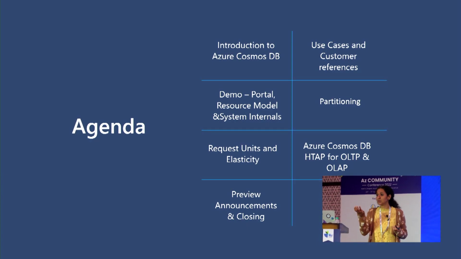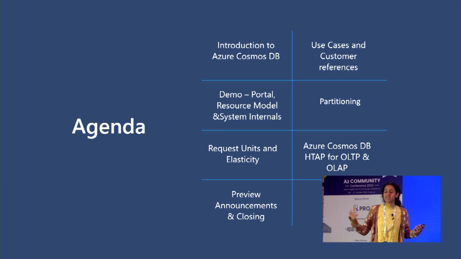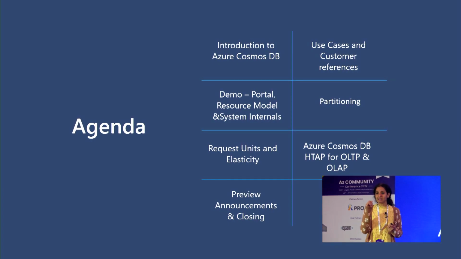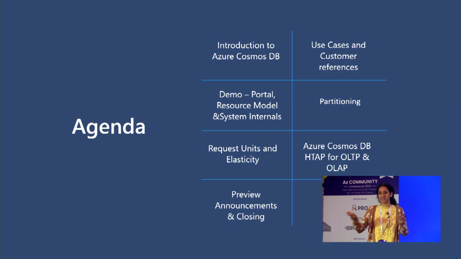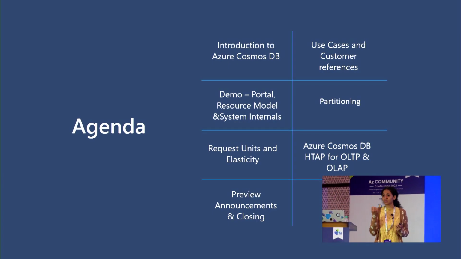Those of you who have used Cosmos DB know that the fundamental decision when creating distributed, geo-dispersed databases is to choose your shard or partition key on which your data will be distributed. So partitioning becomes very important for cost, for performance, and for scalability of your solutions in future as well.